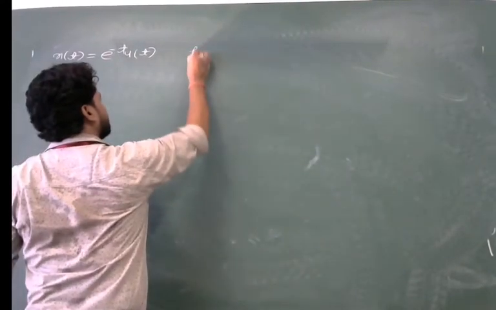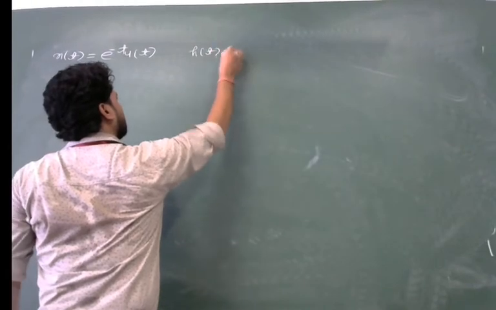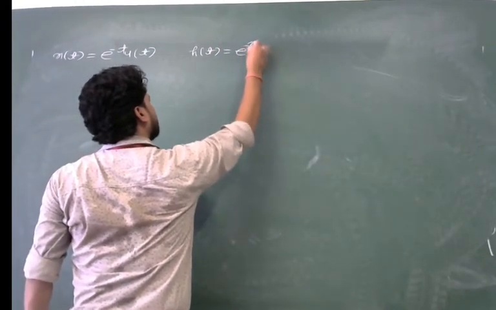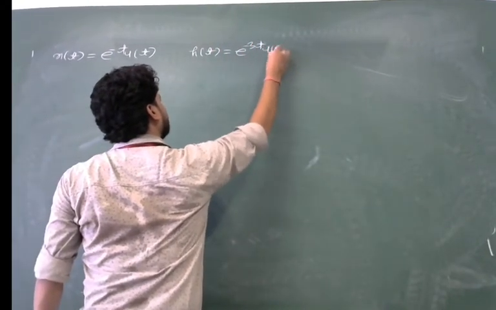Input for a system x(t) is given as e^(-t) u(t), and the impulse response h(t) of the system is given as e^(-3t) u(t).